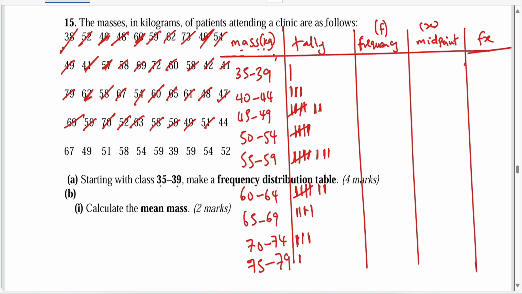Then 44 here. 67 it's around here, so we finished with 65. 69. 49 it's here. 51.